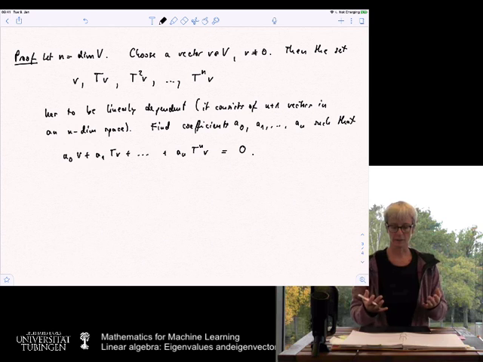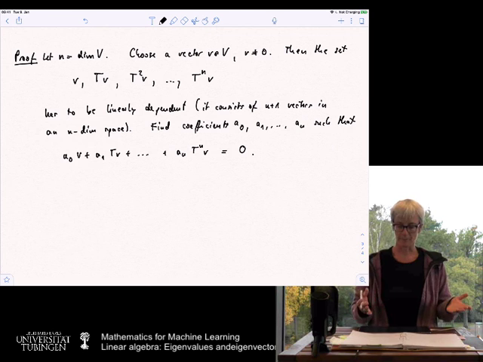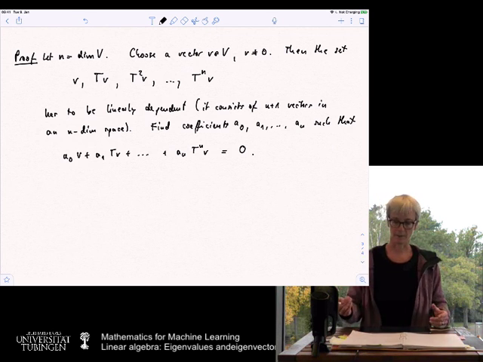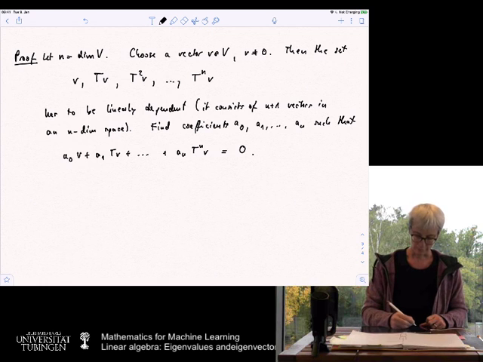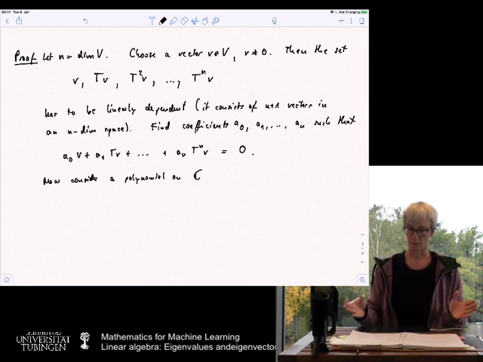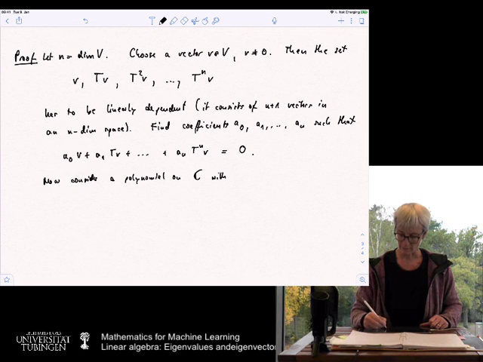Now we consider a polynomial that has exactly the same coefficients, but is now a polynomial and not a sum of operators. So consider a polynomial on C, where we operate on the complex numbers with exactly these coefficients.